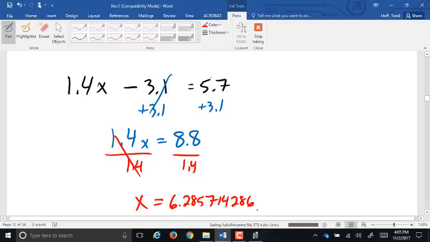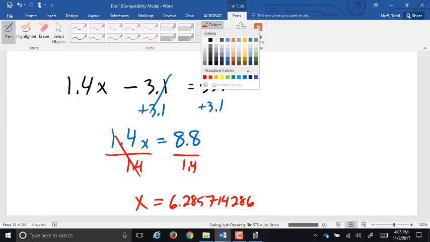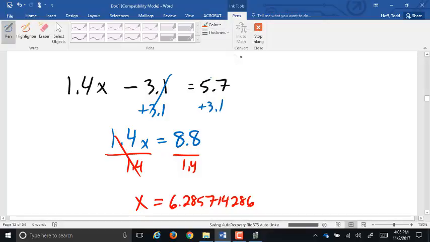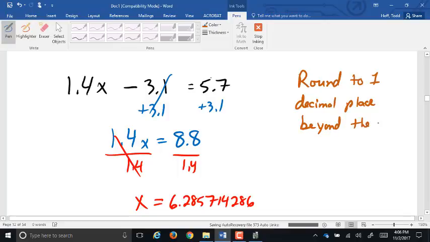What's that tell us? Obviously, we probably don't want to leave that many decimal places, so we need to know where to round it. In my math lab, it'll always tell you where to round it, pretty much. But if it doesn't tell you where, round to one decimal place beyond the problem.